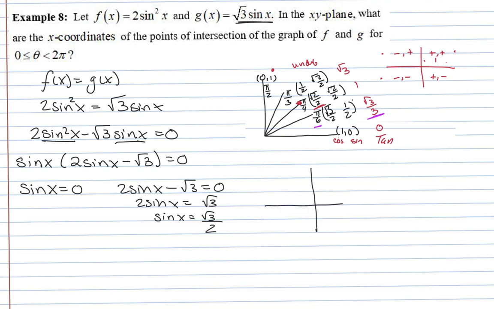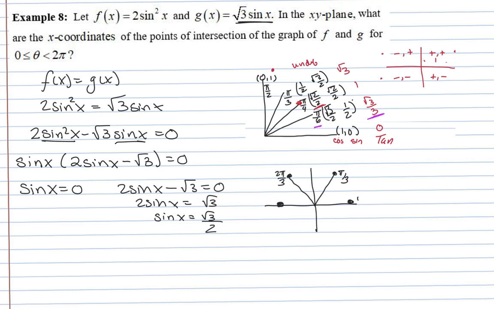So if you look at your unit circle, sine is equal to 0 here and here. And then where it equals square root of 3 over 2 would be when it is pi over 3. So if this is pi over 3 here, it also equals square root of 3 over 2 at 2 pi over 3.